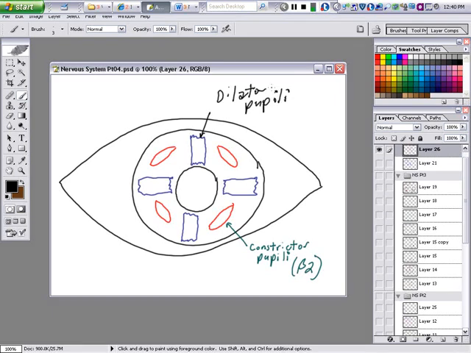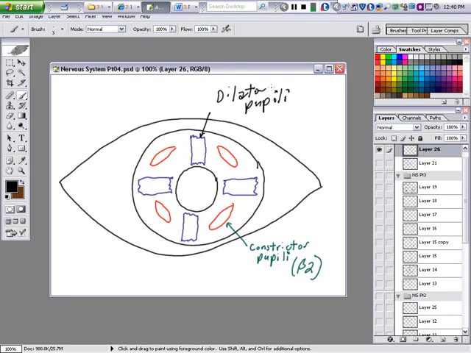These are called dilator pupillae muscles. And so when these muscles contract, they get shorter and they pull the iris, they pull the pupil open.